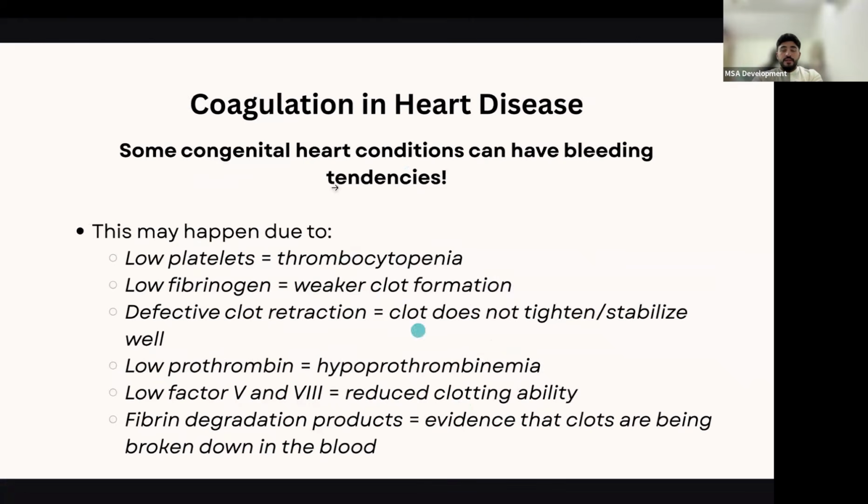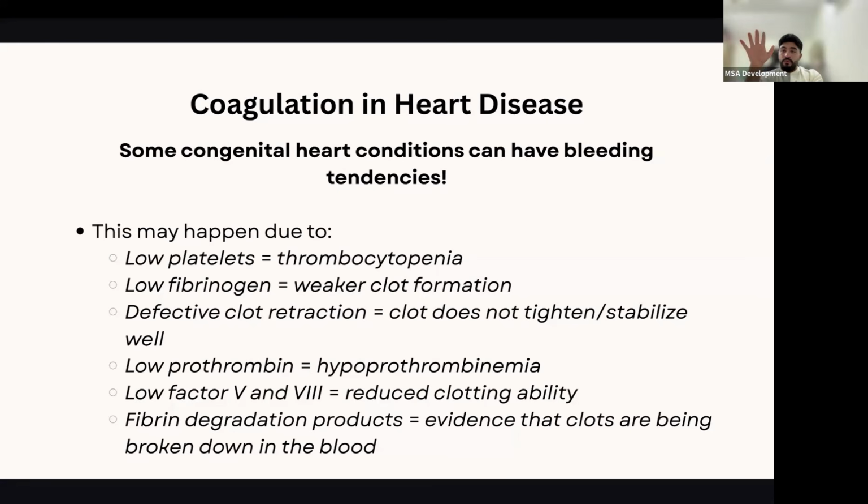Now, in heart diseases, especially the congenital ones, you could see some bleeding tendencies. All right. Why? Because the patient could have low platelets, so they can have thrombocytopenia, or they could have low fibrinogen, or a defective ability to retract the clot, so the clot is not able to stabilize well.